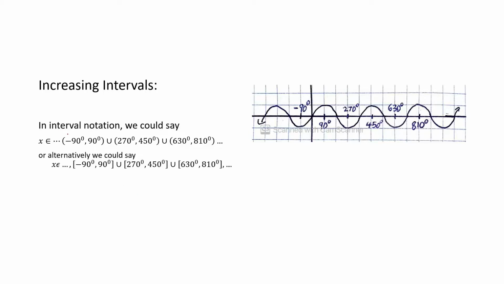And just like we had negative 90 degrees less than x less than 90 degrees, we can put that in interval notation using round brackets. Or if we choose to use less than or equal to, then we should use square brackets.